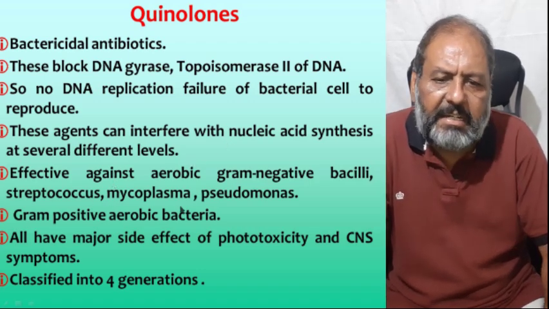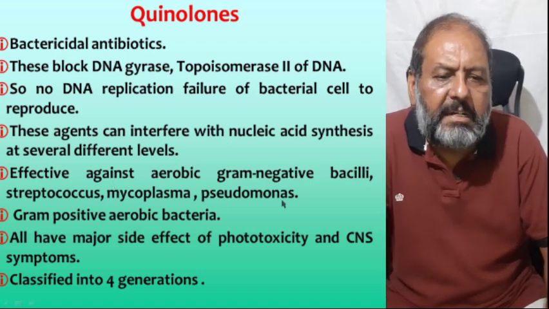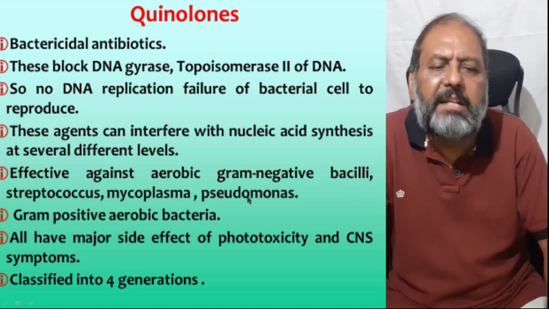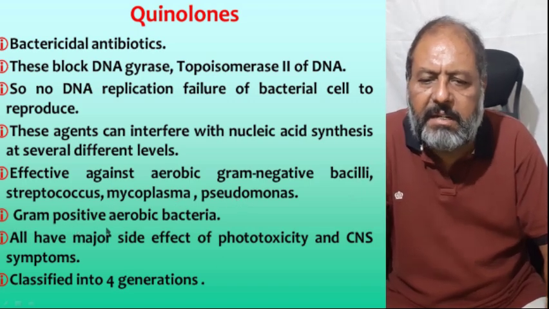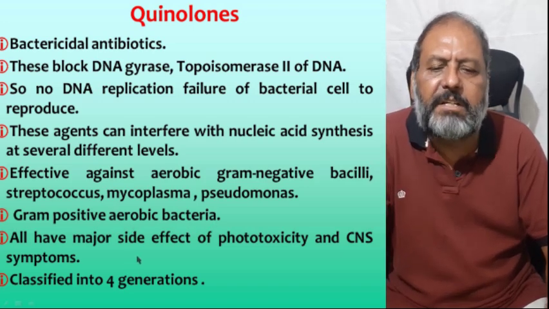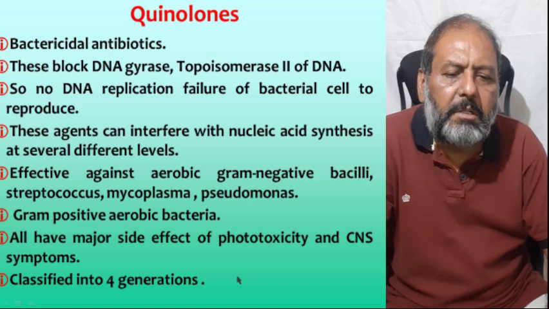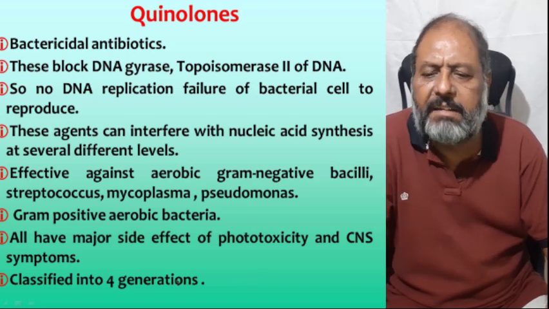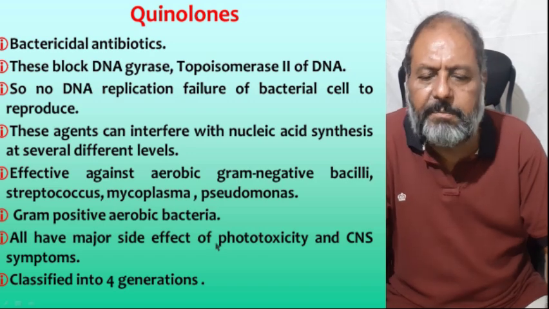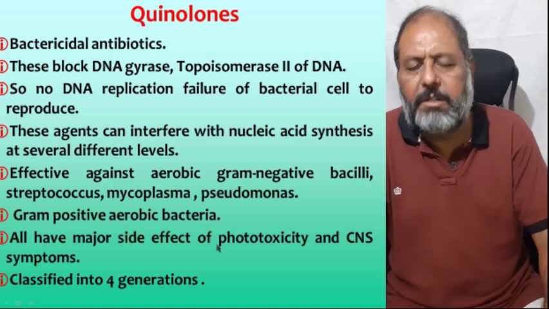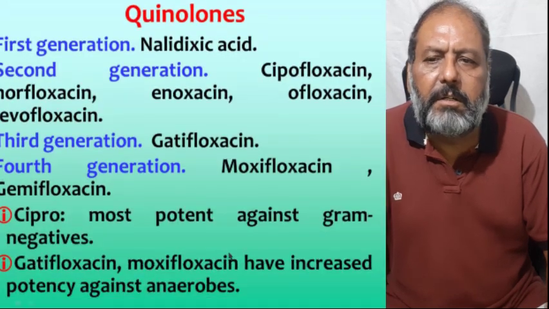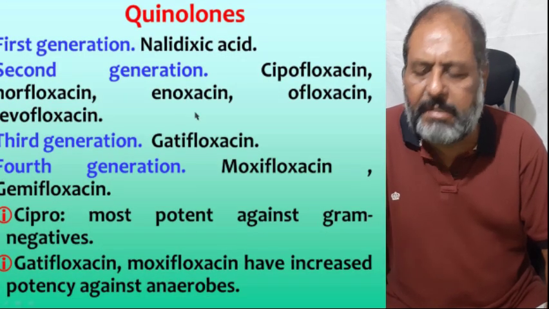And these are effective against aerobic gram-negative bacilli, streptococcus, mycoplasma, and pseudomonas bacteria. Gram-positive aerobic bacteria also. All have the major side effects of phototoxicity and CNS symptoms, which the majority of patients who are unable to tolerate these antibiotics complain of. They are classified into 4 generations according to their appearance in the market.